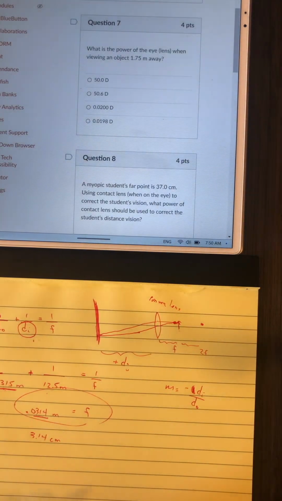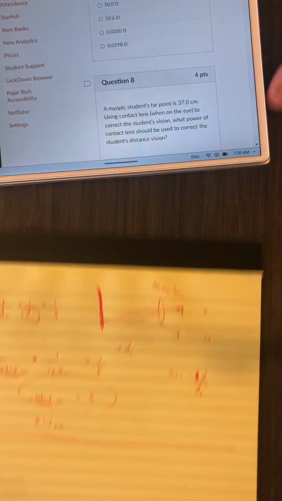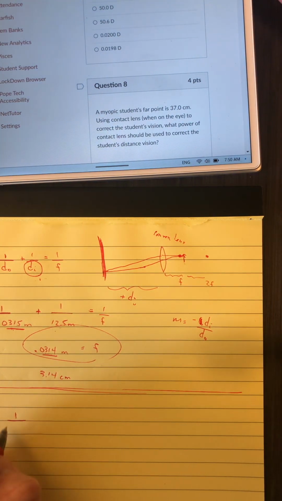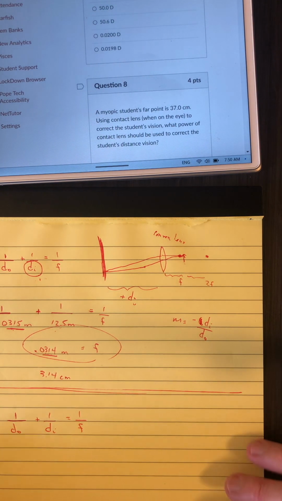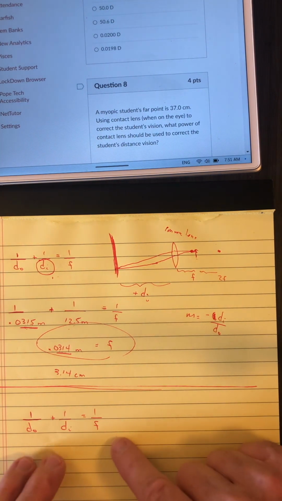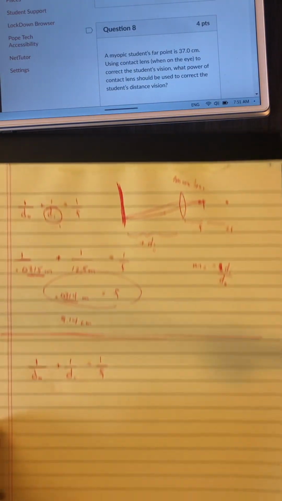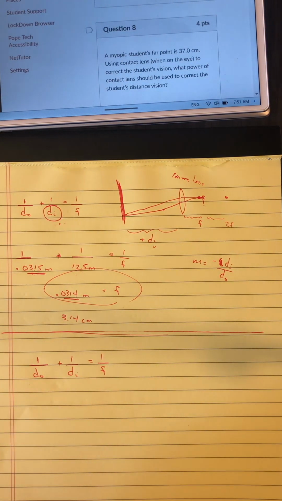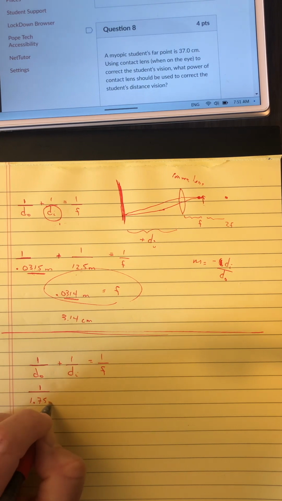Now, number 7 is really almost identical to number 6, because we're going to do 1 over the object distance plus 1 over the image distance equals 1 over the focal length. But the real key to this problem is not so much the mathematics, but recognizing that you have to use this equation plus what each of the terms mean. The object distance is probably the easy part of this problem: 1.75 meters away.